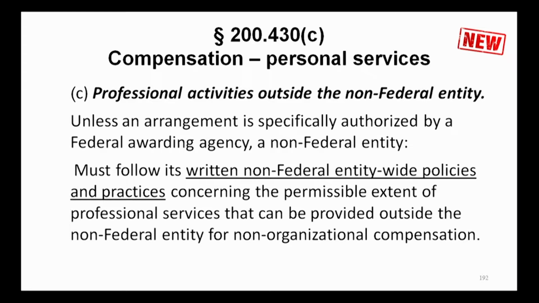Perhaps they're an environmental professional, they are an executive director, and they're really good at writing grants, and so they hire out their services as secondary employment to get compensation for their services. So this says that unless an arrangement is specifically authorized by a federal awarding agency, a non-federal entity must follow its written policies and practices concerning the permissible extent of that outside employment.